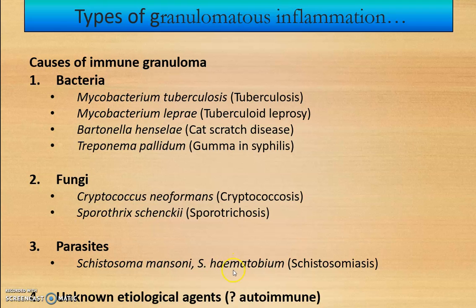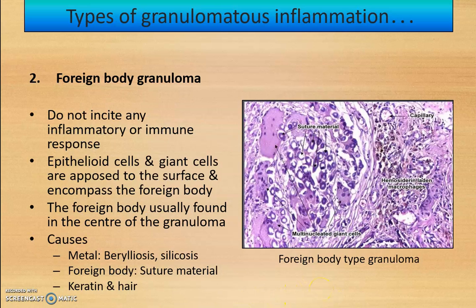Schistosoma mansoni and haematobium in schistosomiasis. Okay, we can also have unknown etiological agents, which I showed histologically before, such as in sarcoidosis, which is probably an autoimmune response.